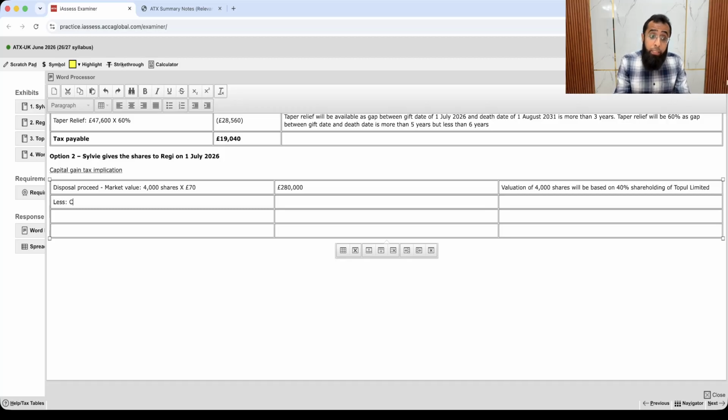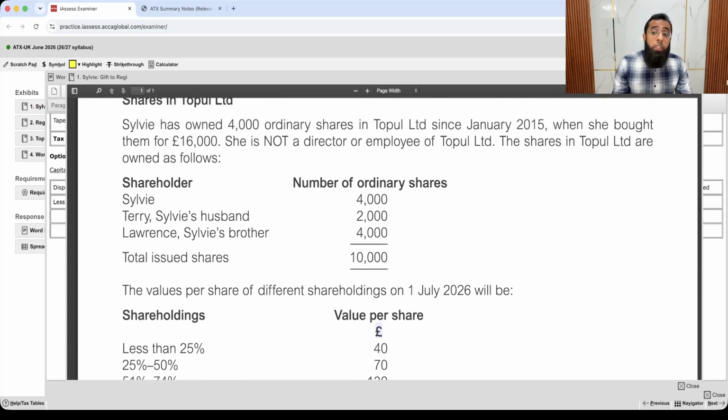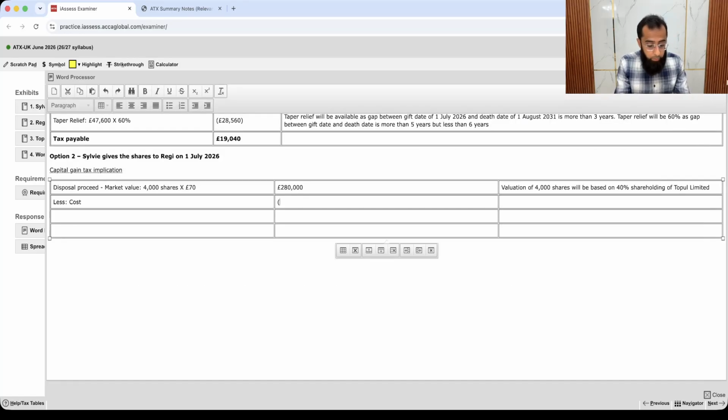See, in capital gain tax, this is how things work. Now, what is the cost of the shares? She purchased these shares for 16,000 pounds. Okay, fair enough. Less the cost, 16,000 pounds. So that gives me the chargeable gain. 280,000 minus 16,000 is 264,000.